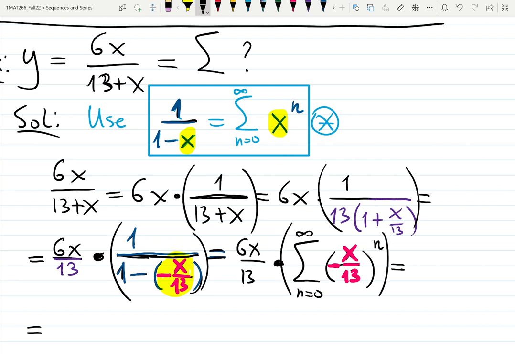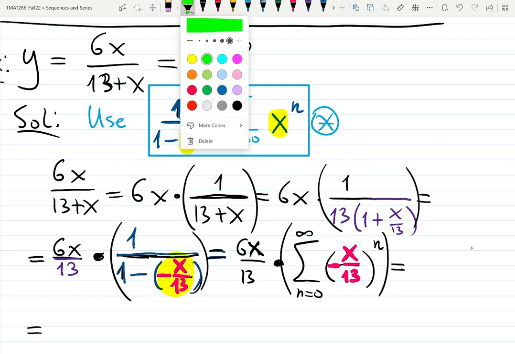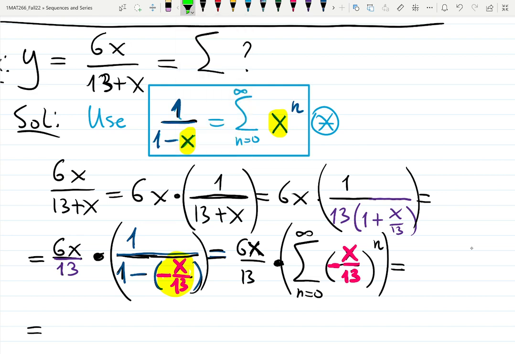Questions? Yes. So the input only goes into the sum and not into the x, the 6x? Very good question, exactly. So this x is waiting outside, and that's why we don't touch it. Did you ever actually question that? I did, right? Why we did not substitute the new input minus x over 13 into this guy?